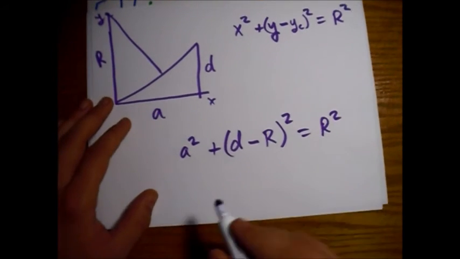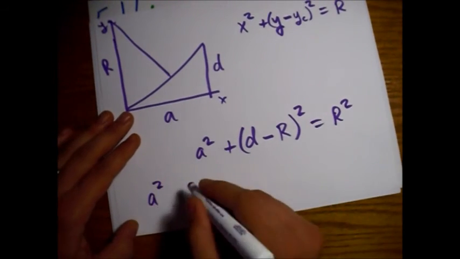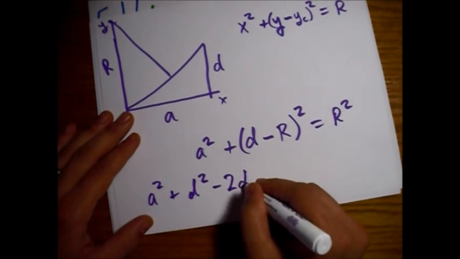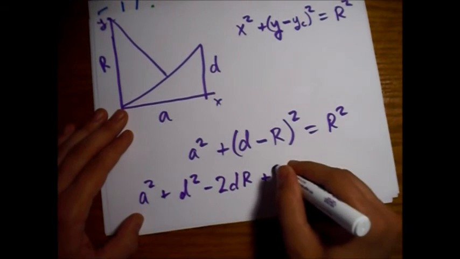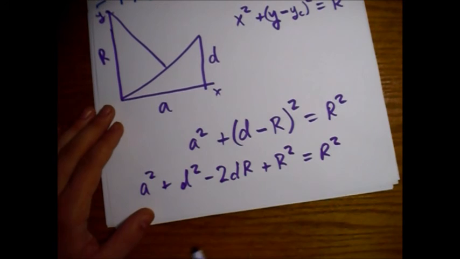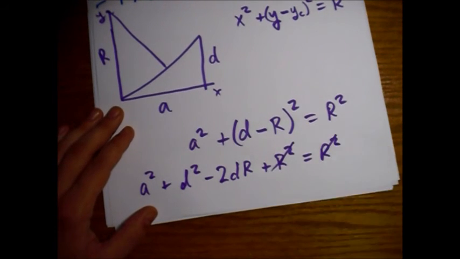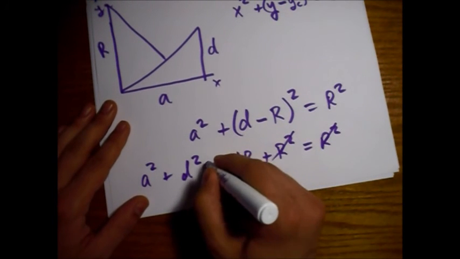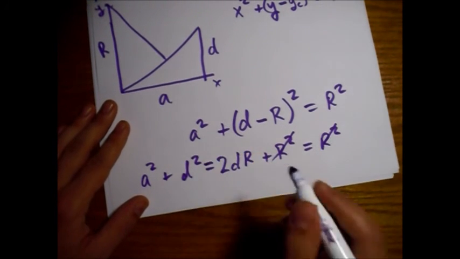So now we're just going to solve this for R. So we have A squared plus D squared minus 2DR plus R squared equals R squared. All right, these R squareds are going to go away. We'll just pull a little trick here and call this an equal sign, right?